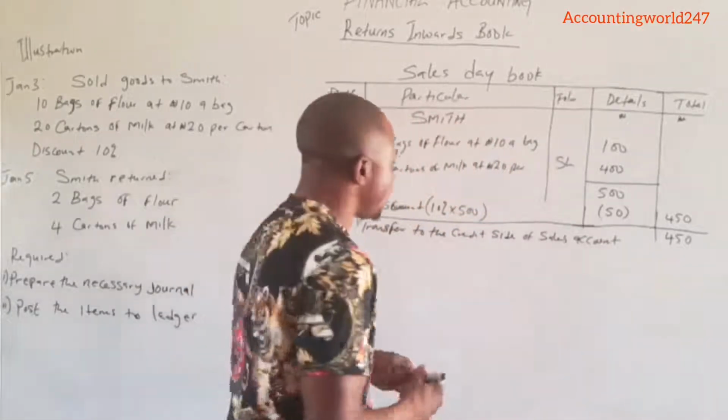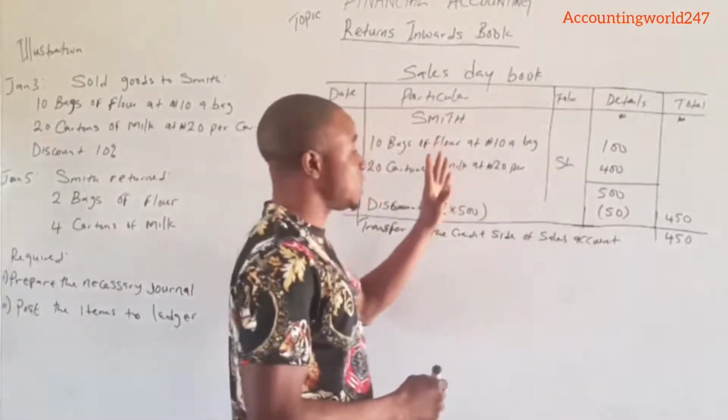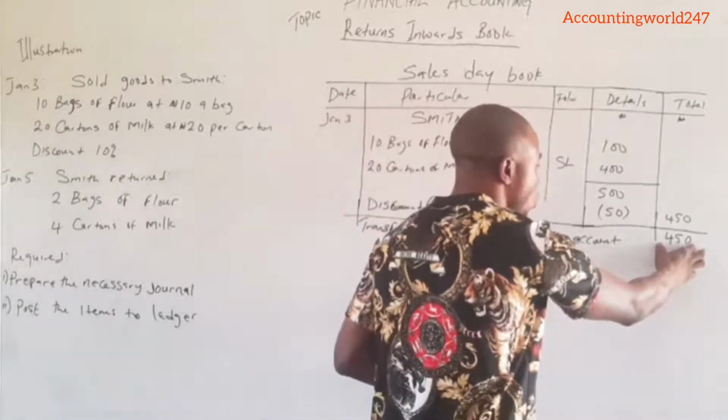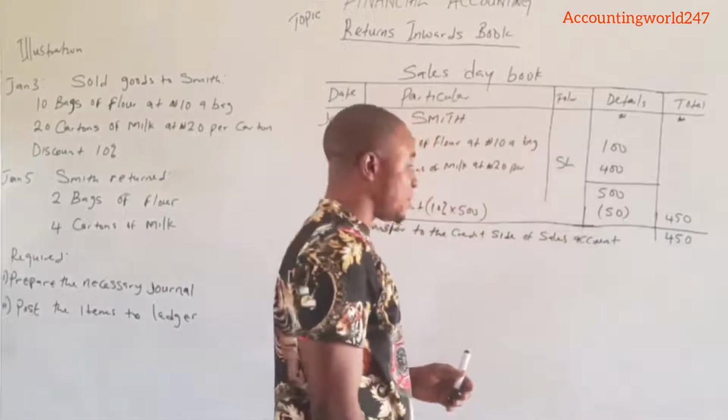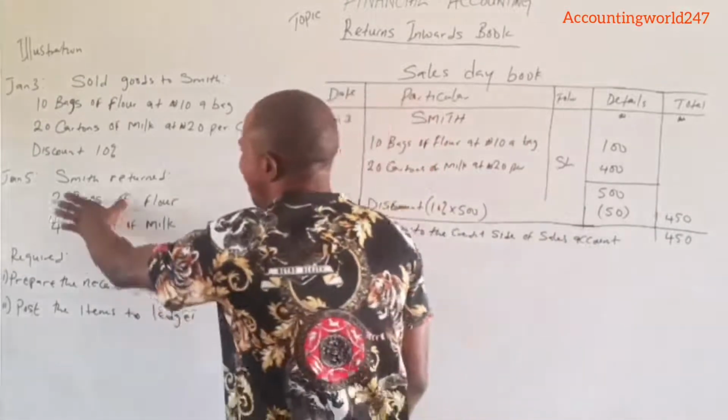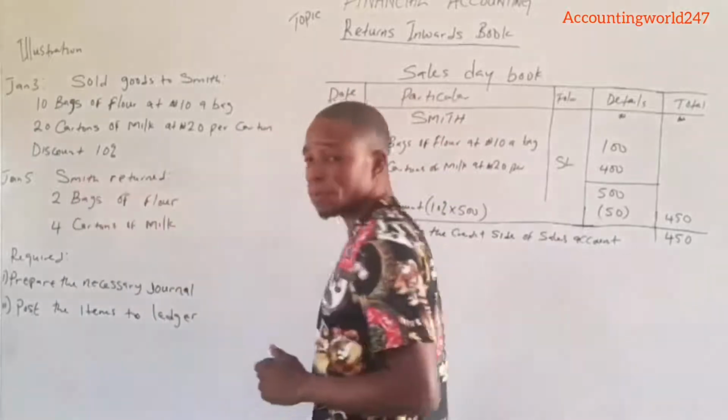Now, this will be the first ledger to be prepared. We have determined the total sales, which is 450 naira. As well, we need to prepare the return inward book.